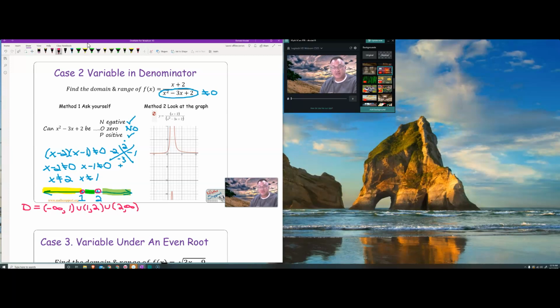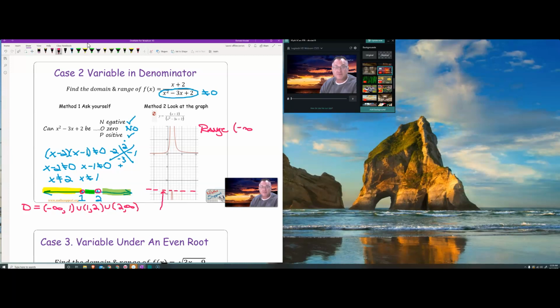Okay, now the range of this function, we can see in this graph here that this function goes from negative infinity up to, that looks like negative 14. So my range is going to be negative infinity to negative 14, and it touches at 14, so that's going to be a bracket.